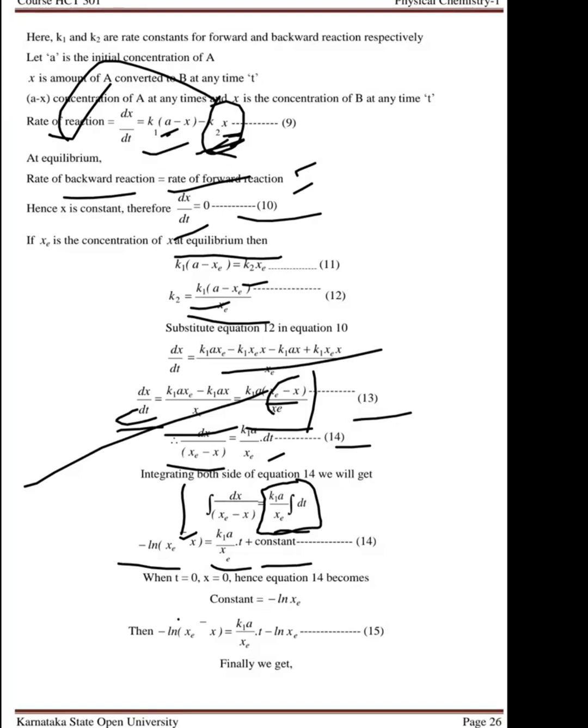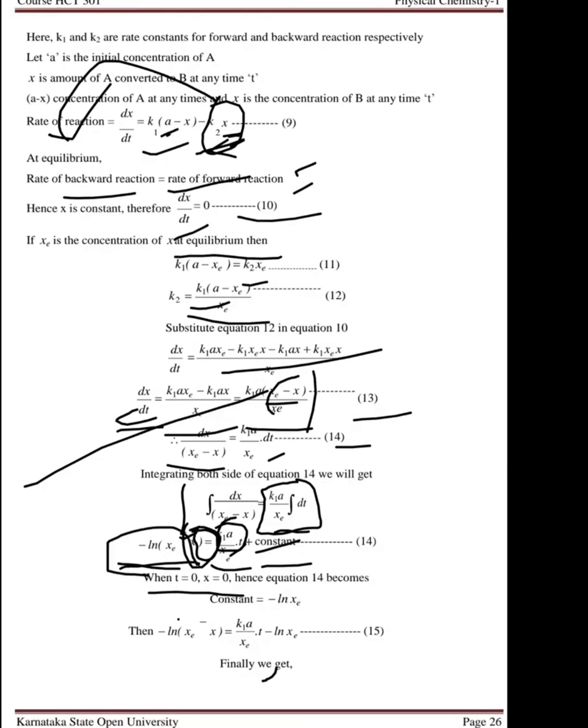When t is 0, x is 0. So the constant can be found: when t is 0 this term becomes 0, and where x is 0, we have xe. So the constant equals minus ln of xe.